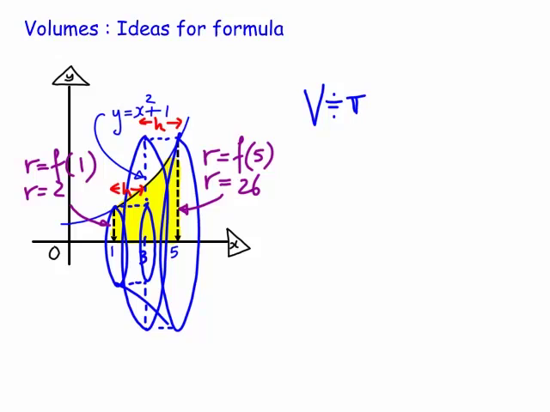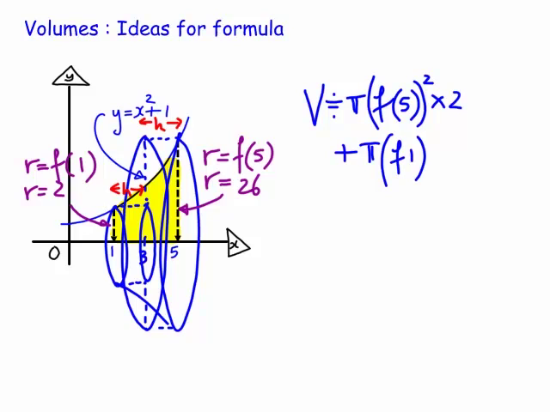For the first one, it'll be pi times f of 5 squared times the width, which is 2, plus pi times f of 1 squared times its width, which is 2. So we square the radiuses, multiply by pi to get the area of the circle, then multiply by the width or the height. We push it through space to generate the volume.